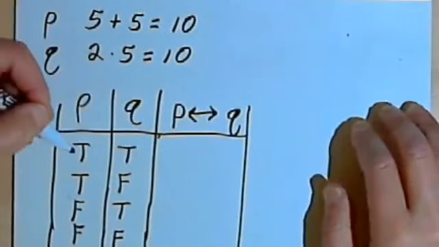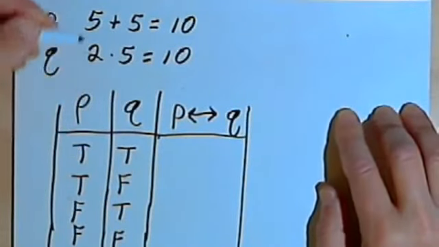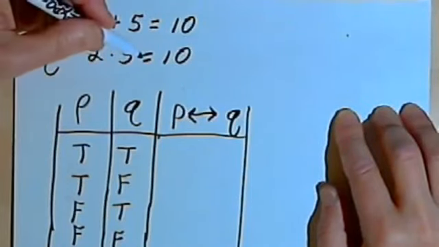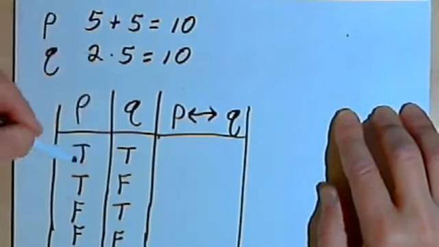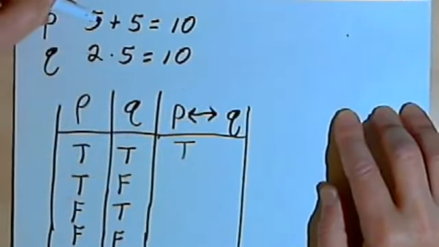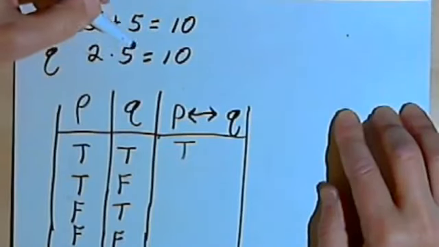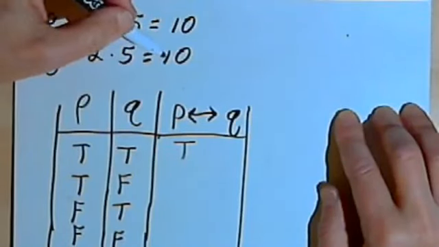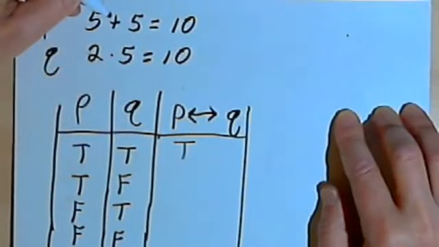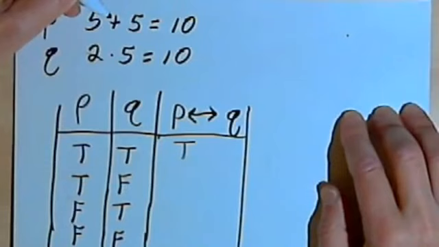Okay, well, if they're both true, if it's true that 5 plus 5 equals 10, and it's true that 2 times 5 equals 10, then we're going to have a true statement. If I know that 5 plus 5 equals 10, I can expect that 2 times 5 will equal 10. And similarly, if I know that 2 times 5 equals 10, I can expect that 5 plus 5 will equal 10.